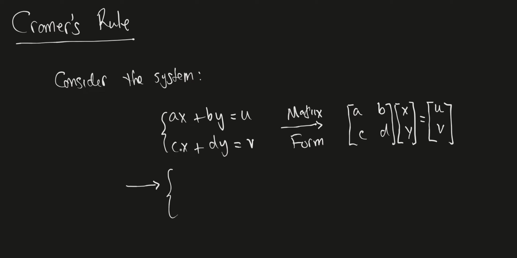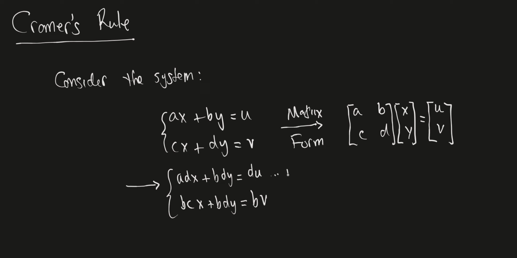We take the first equation and multiply it by d, so I'll have adx plus bdy is equal to du. And then multiply the bottom equation by b, so I'll have bcx plus bdy is equal to bv.